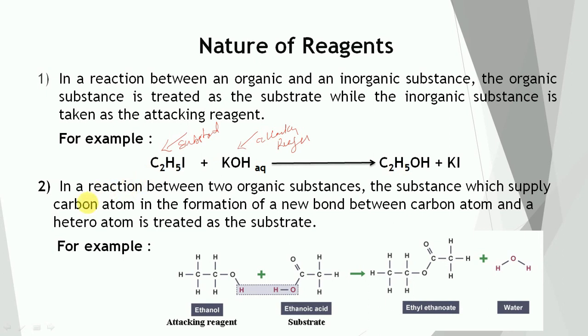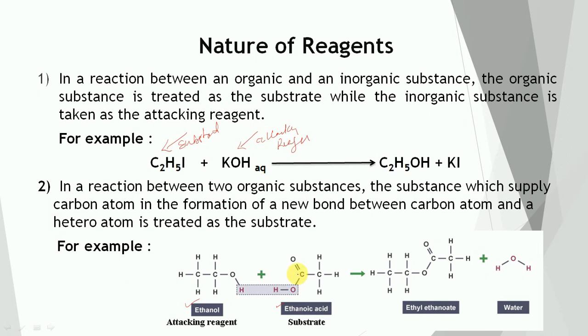In rule number 2, in a reaction between two organic substances, the substance which supplies the carbon atom in the formation of a new bond between a carbon atom and a heteroatom is treated as the substrate. Here we have taken the reaction of ethanol and ethanoic acid.